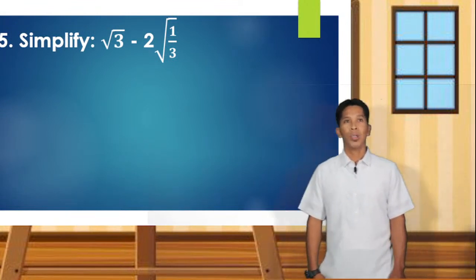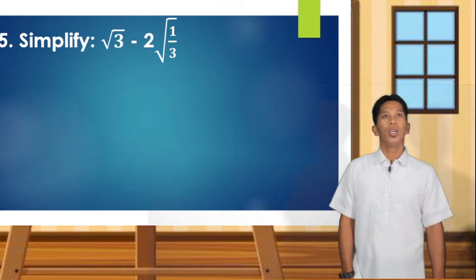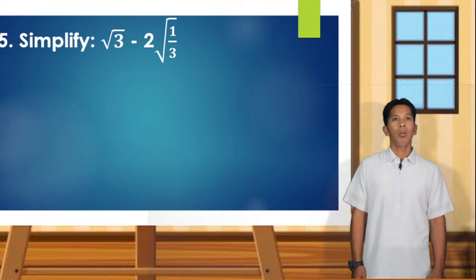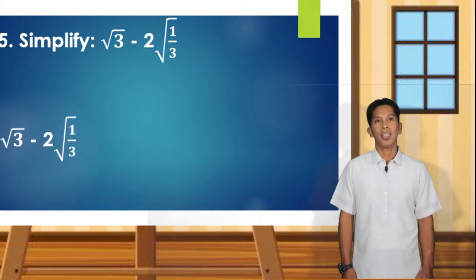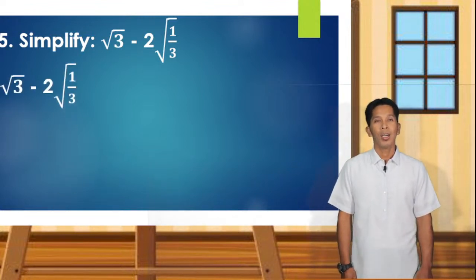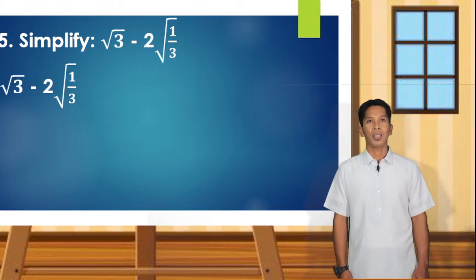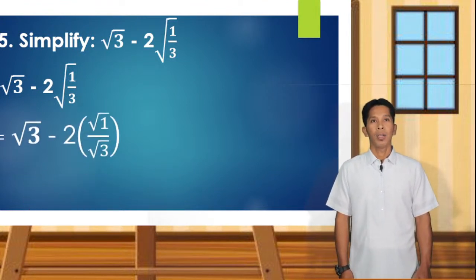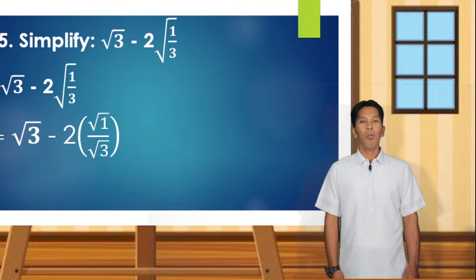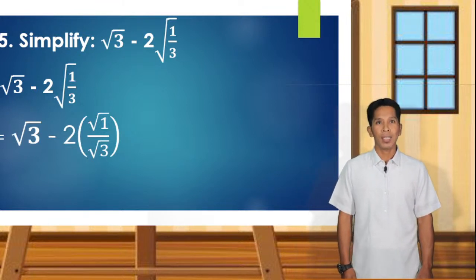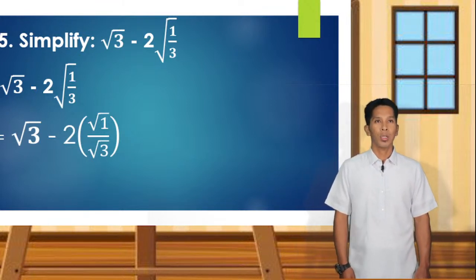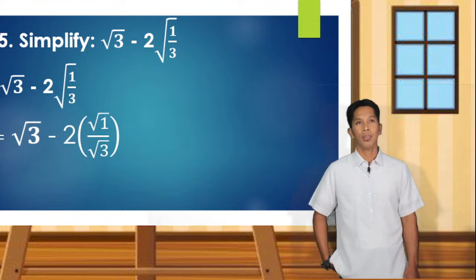Simplify square root of 3 minus 2 times the square root of 1/3. So let us write it first again. We have the square root of 3 minus 2 times the square root of 1/3. 2 times the square root of 1/3 can be written as 2 times the square root of 1 over the square root of 3.